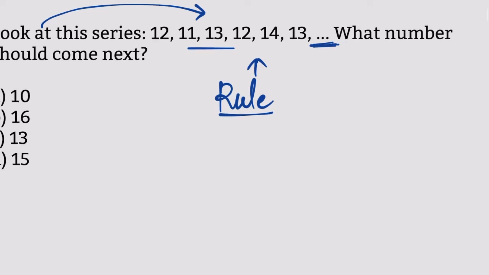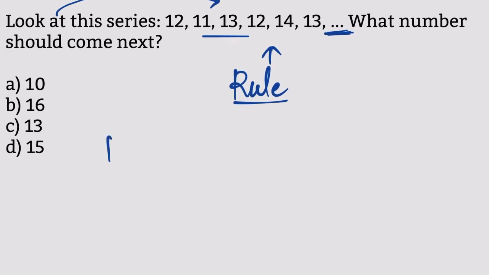Now let us start with the first number. First is 12, then they arrive at 11. There are different ways of arriving at 11, but the simplest way of arriving at 11 from 12 would be to deduct 1. So you arrive at 11. Now from 11 they have gone up to 13. How do we make this 11 to 13? Very simple, just add 2.